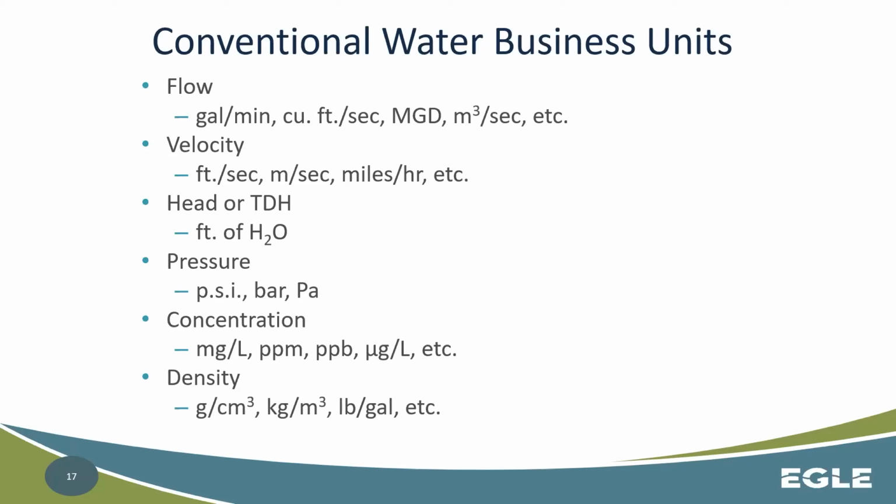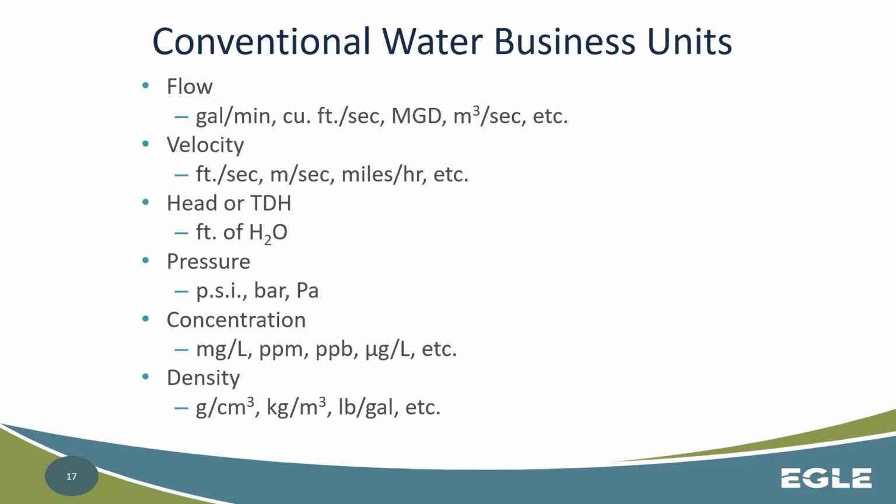For pressure, it's PSI, bar, pascals. Note that for pressure, this is the gauge pressure. So your gauge is calibrated to start reading pressure after that of atmospheric pressure, meaning that the gauge is zeroed out at atmospheric pressure, right?